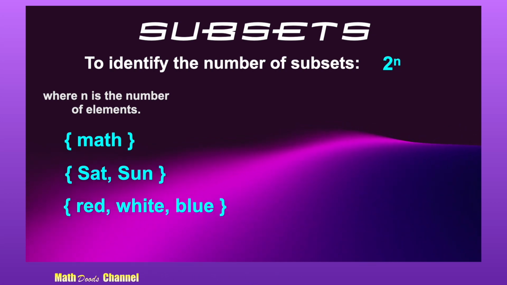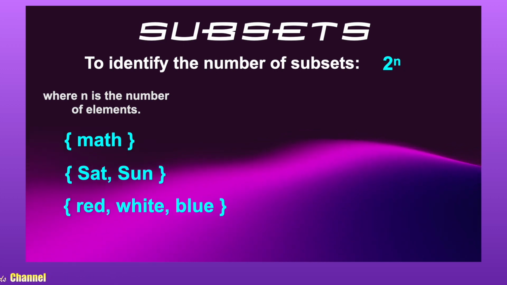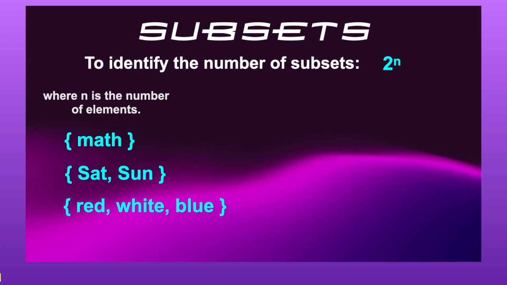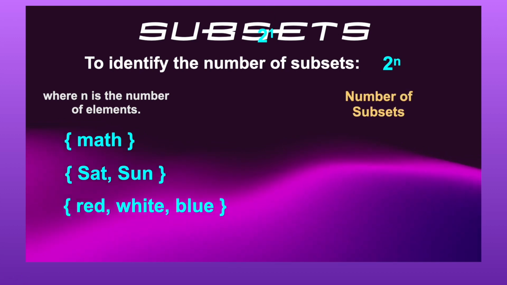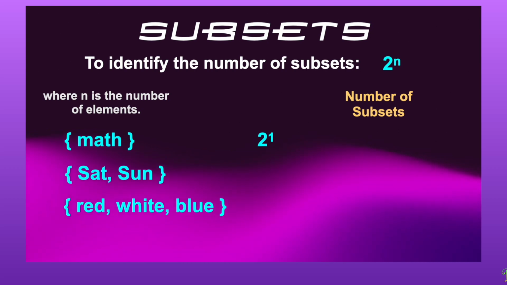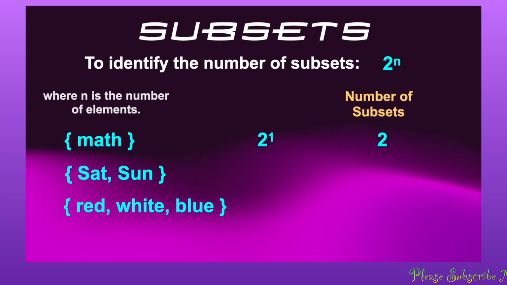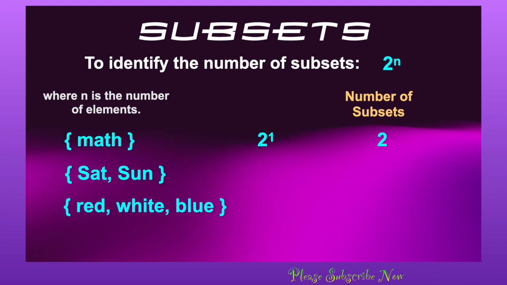If we use the guide, since there is only one element in this set, it is 2 to the first power, and 2 to the first power is equal to 2. So there are 2 subsets of this set containing the word math.